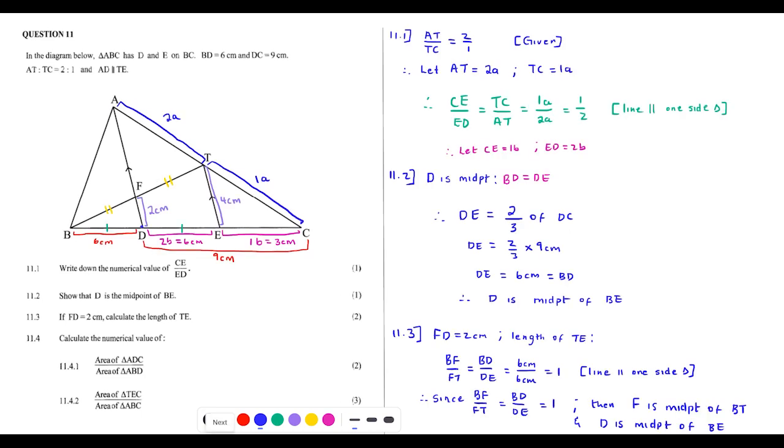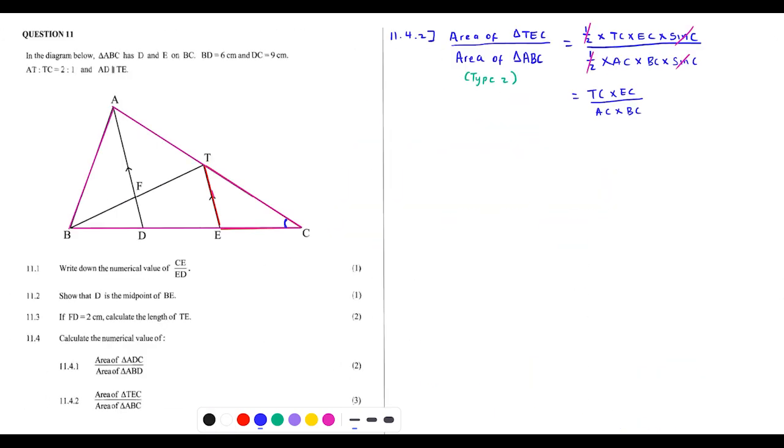All right, now we just substitute our values. TC was 1A times EC which was 3 centimeters, over AC which is 3A times BC which was 15 centimeters. The A cancels with that, and the 3 here cancels with that, and our final answer is 1 over 15.